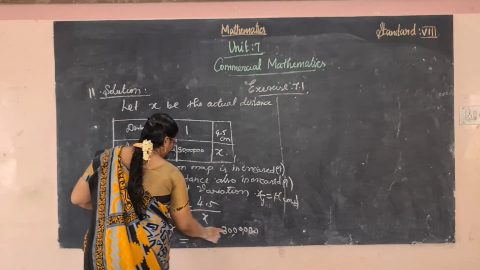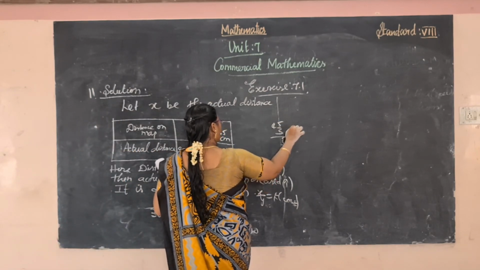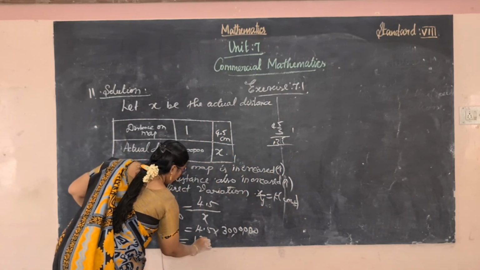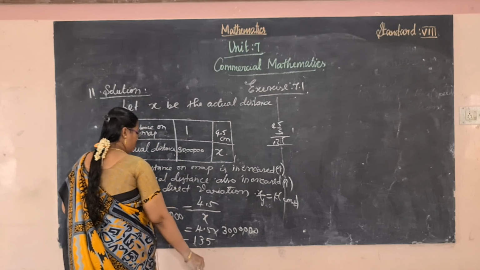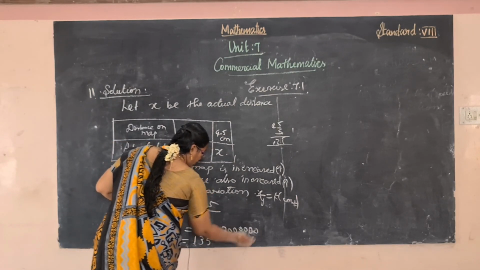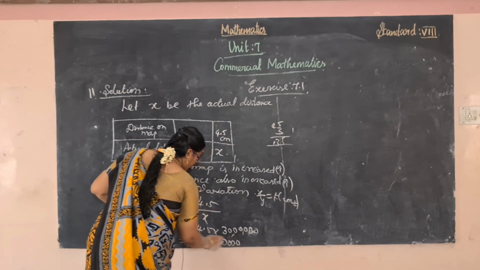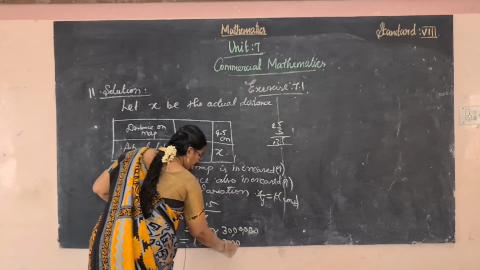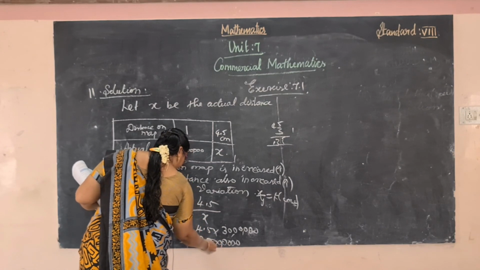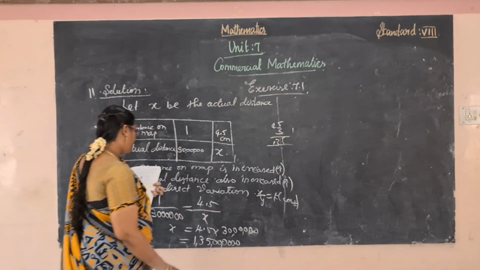Multiplying this value, what do we get? 45 3s are 135. How many zeros? 6 zeros added. How many decimal points? 1. So what is the answer? 1 crore 35 lakhs is the answer.